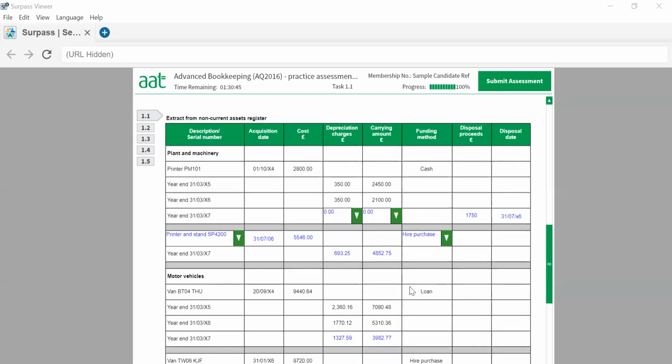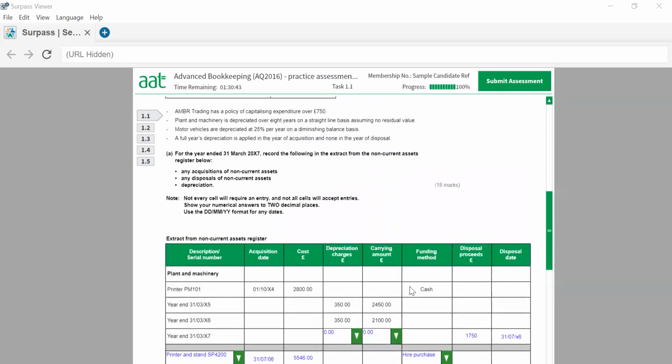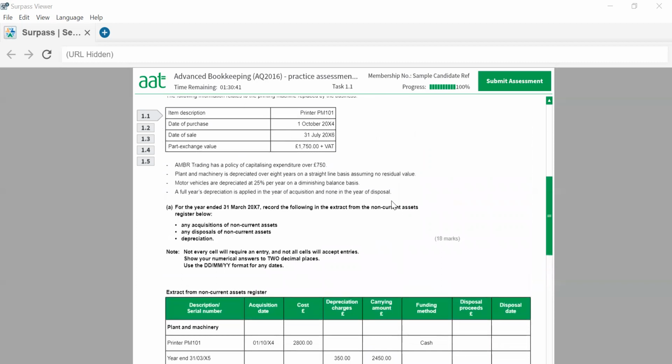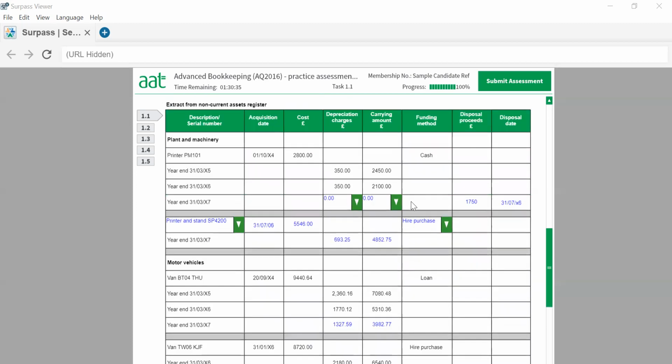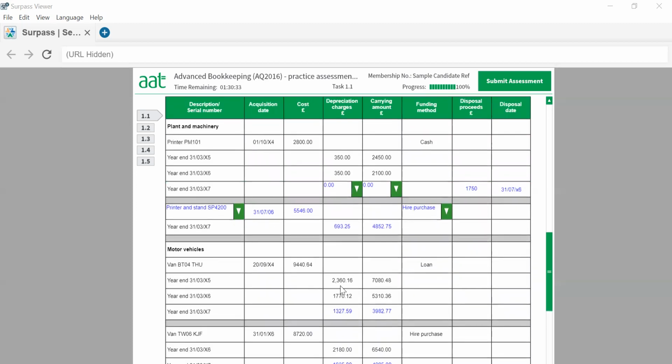As far as the motor vehicles are concerned, it tells us that depreciation is done at 25% on a diminishing balance basis. So the story of this one is, it was bought for £9,440.64, and then it's depreciated over the period. So we've got the year end 31st of the 3rd, 2005.